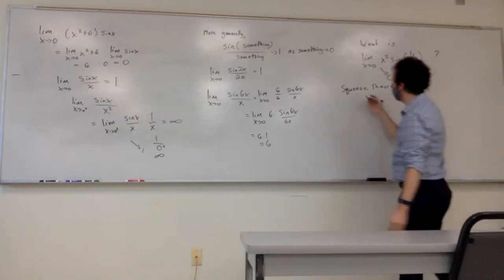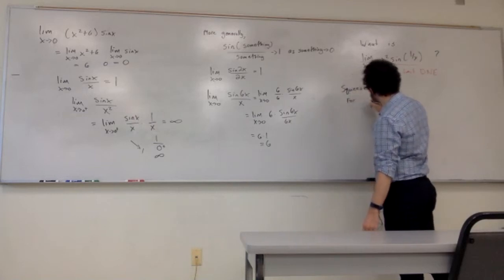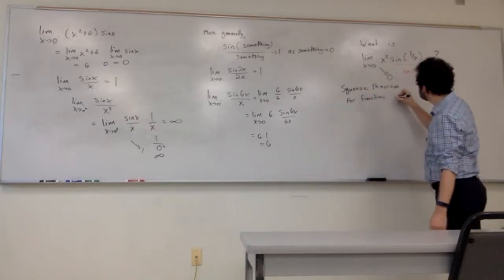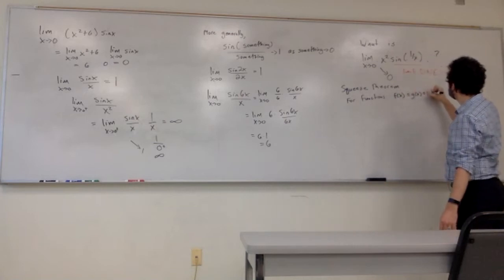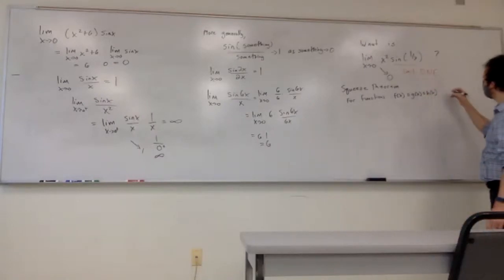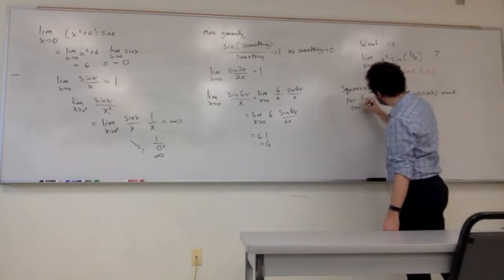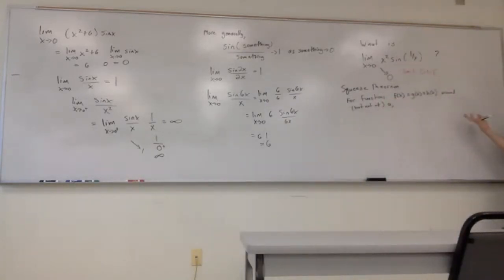So here's what the squeeze theorem says. It says that for functions, f of x less than or equal to g of x less than or equal to h of x around, but not at, a. So there are going to be three functions, a bottom one, a middle one, and a top one, and this inequality holds at least around some point a.